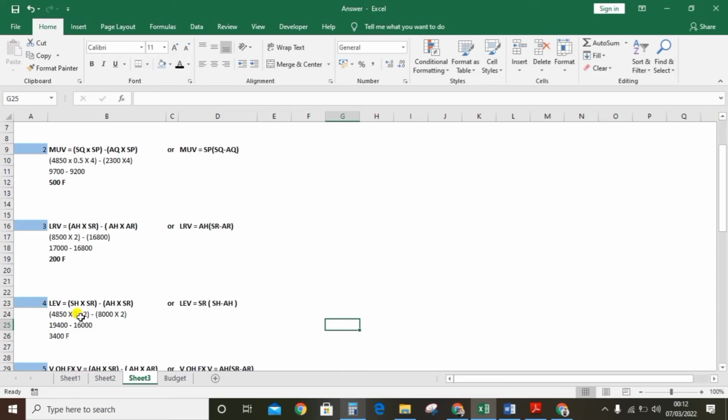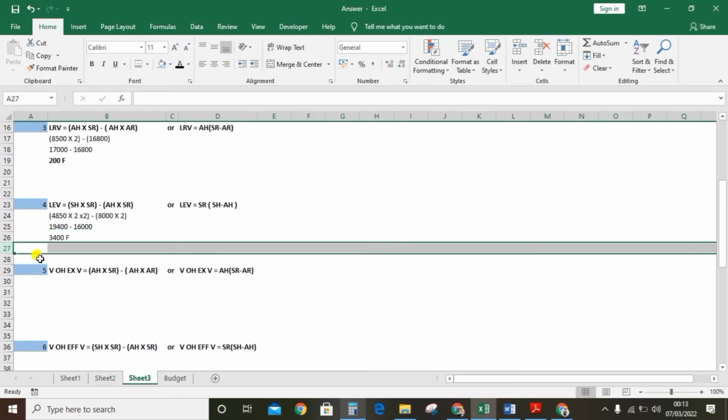Why favorable? We compare the hours, standard hours and actual hours. This side standard information, this side actual information. So standard expense is 19,400, but we actually spent 16,000. So 3,400 is favorable.